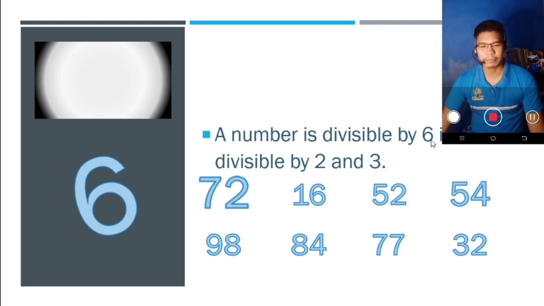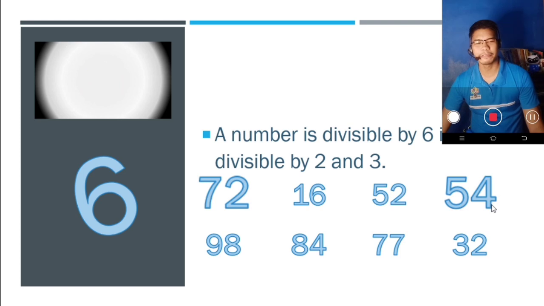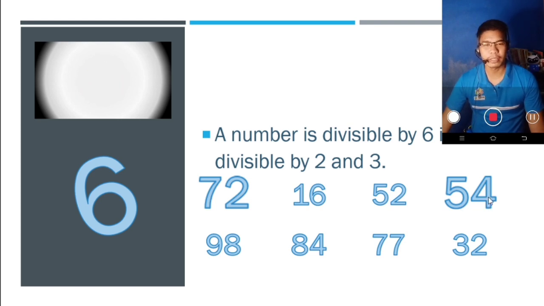Another one, we have 54. The last digit is 4, so it is divisible by 2. Then we add 5 plus 4, 9, which is divisible by 3. So this is divisible by 6.